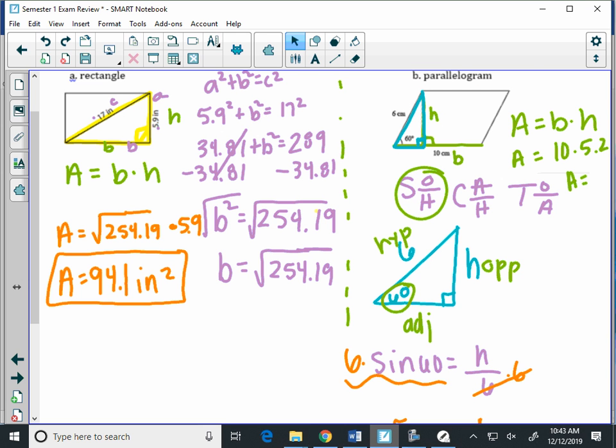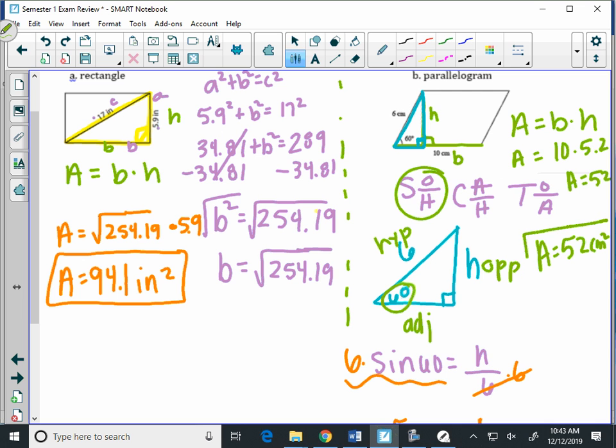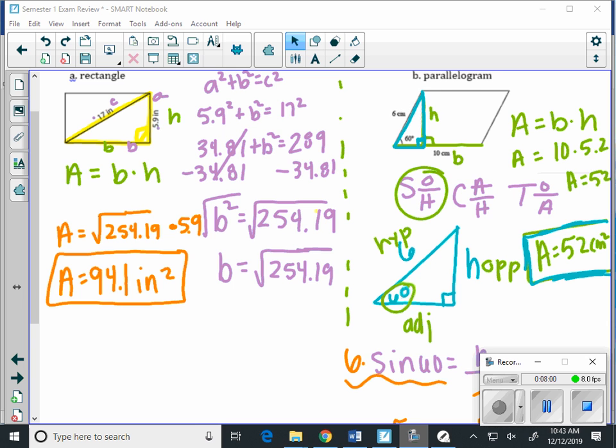That's easy math. So our area is equal to 52 centimeters squared. Sorry, it's a little scrunched over here. I'll write it in blue, maybe to let it stand out a little bit more. But our area is 52 centimeters squared. And there you go. There's number 4. I think that's the last one in this review as well.